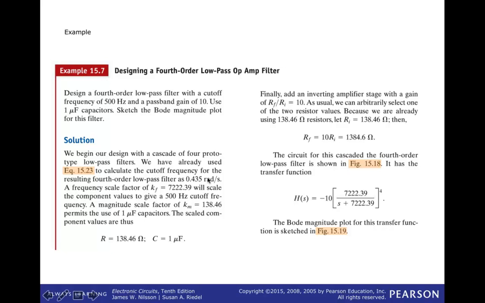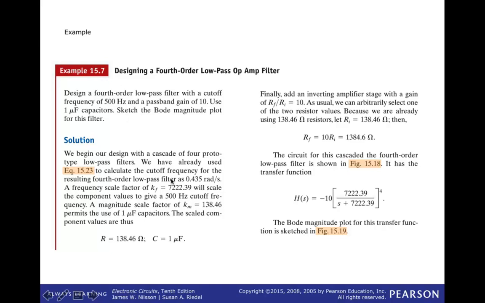Then he gets a frequency scaling factor by taking 1 over 0.435 to get the cutoff frequency up to the desired level, and he also scales simultaneously for the 500 Hertz after it's been converted to radians per second. So in this example, this frequency scaling factor of 7229.39 incorporates both the scaling factor due to the fourth order filter, as well as the scaling factor to get you up to this cutoff of 500 Hertz.